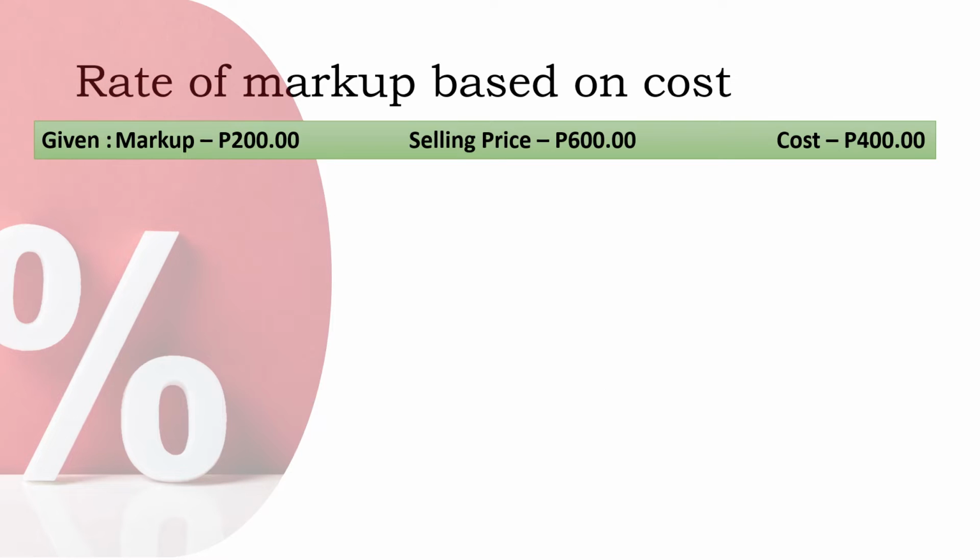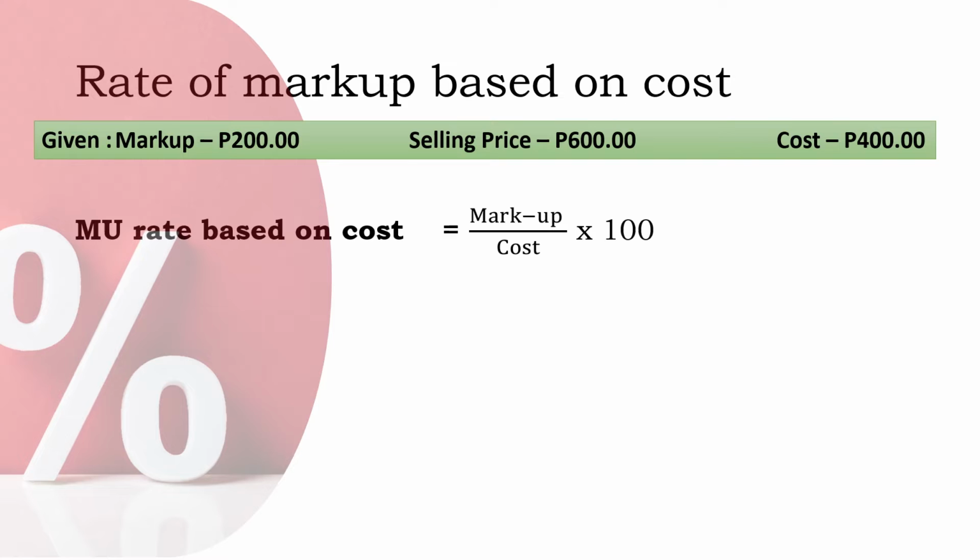Now let us proceed to computing the rate of markup based on cost. So we have the same given. Markup is 200, selling price is 600, and cost is 400. Now, the formula is markup rate based on cost is equal to markup divided by cost.